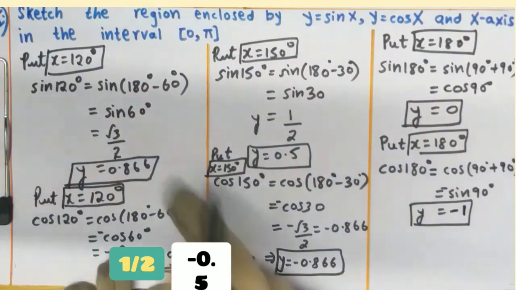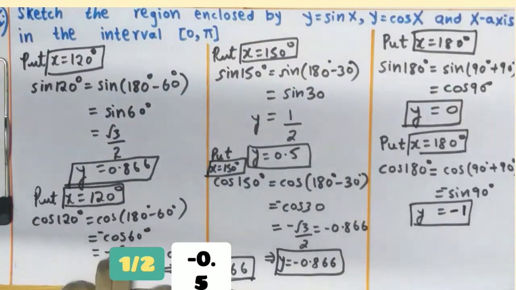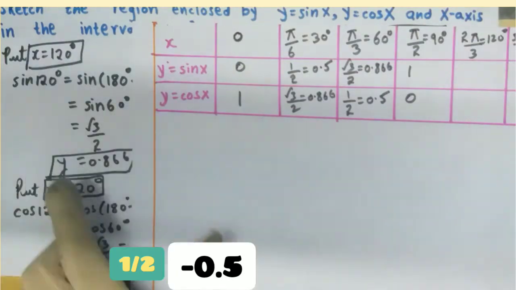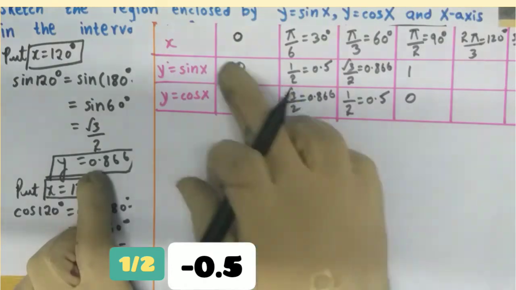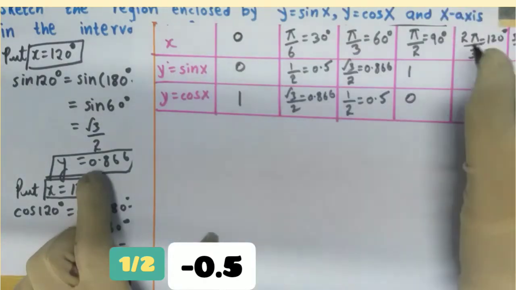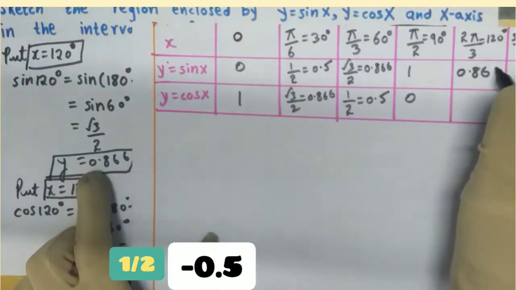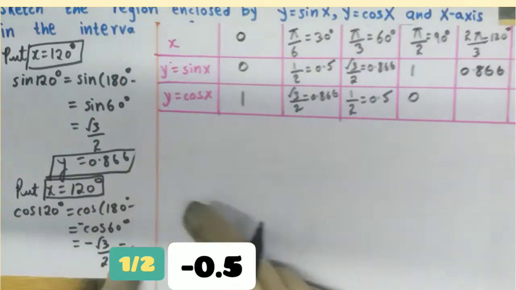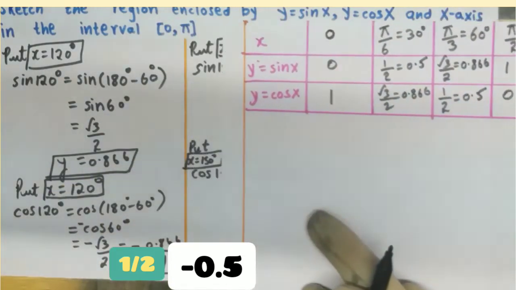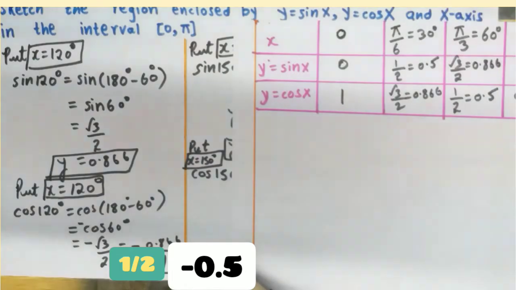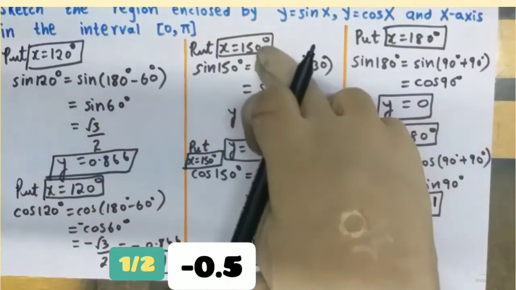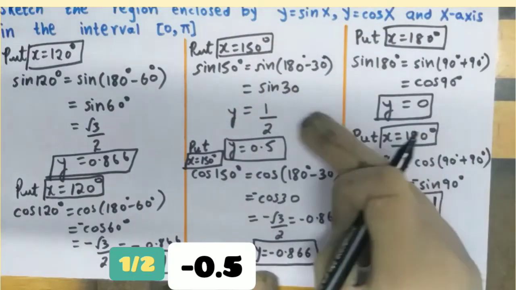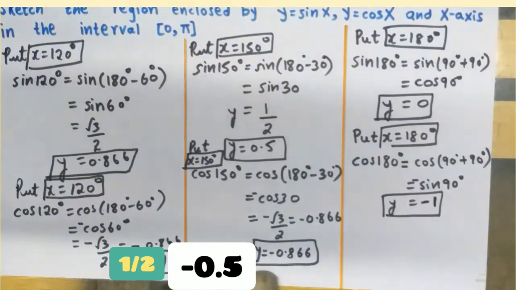Substitute all these values in the table quickly. We have when x is 120, y is 0.866. Next we have when x is 120, y is minus 0.5.